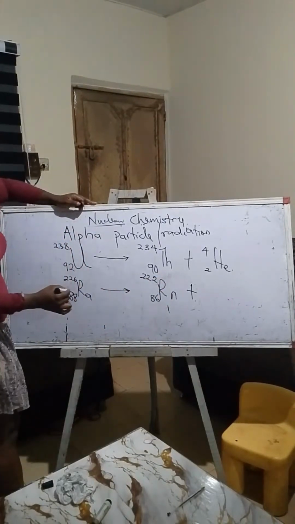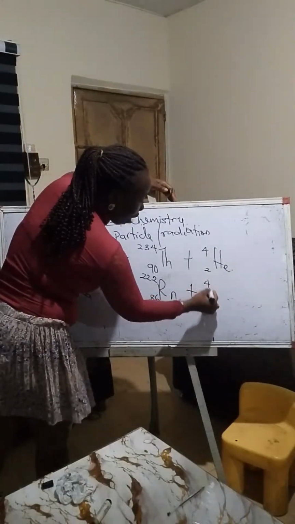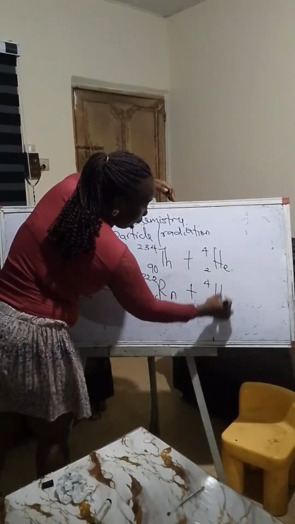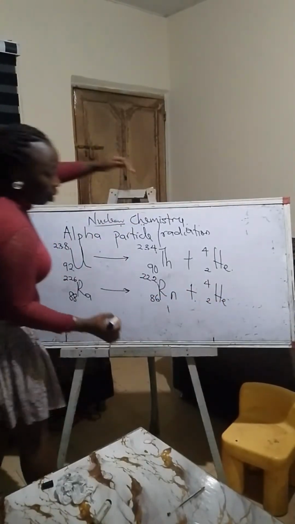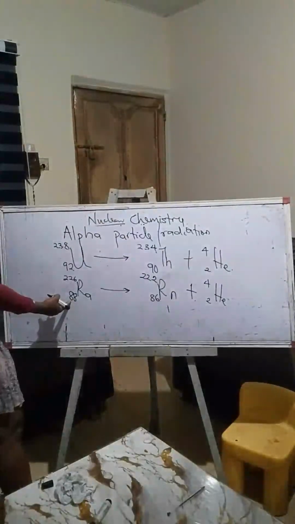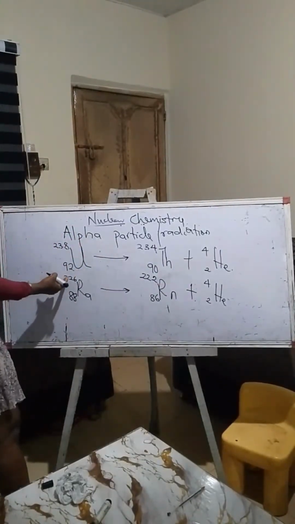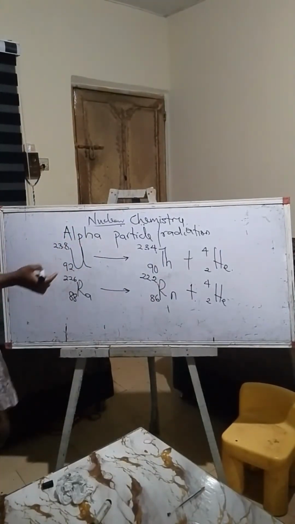That will be the mass number. So how do you balance it? We balance it with an alpha particle. And this is how it goes. 86 plus 2 gives us 88. 222 plus 4 gives us 226. So you now balance this one for me.